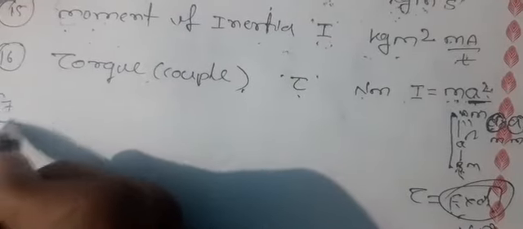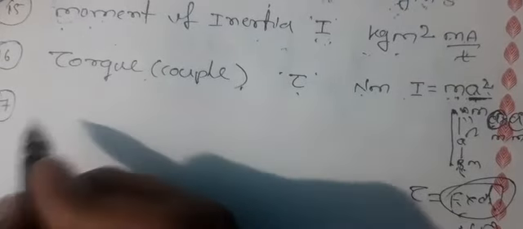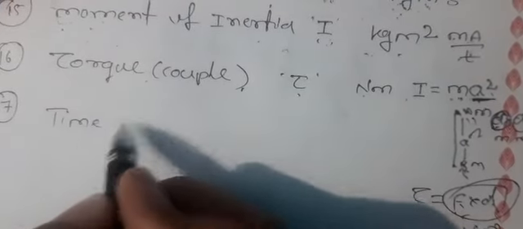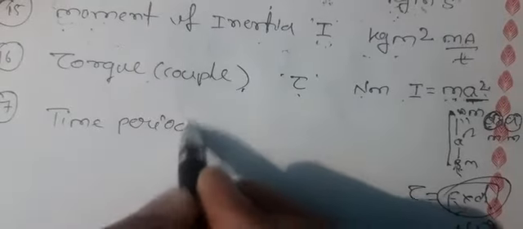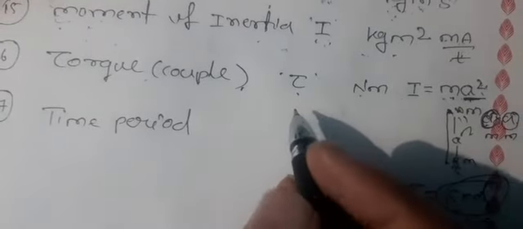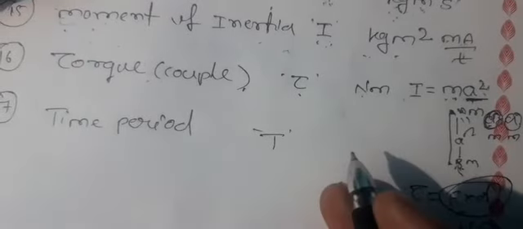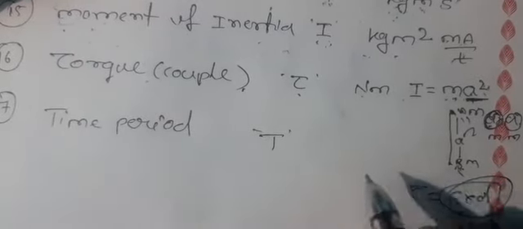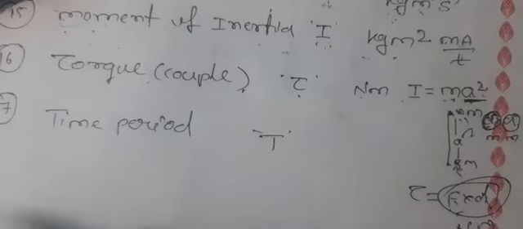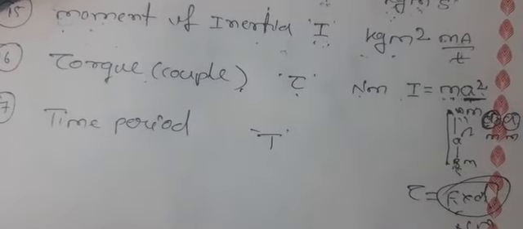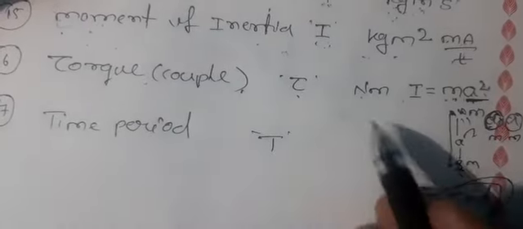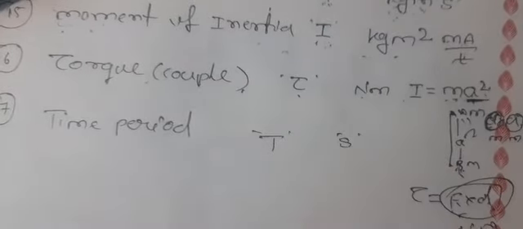Then the next one, the 17th one, is period or time period. The symbol is capital T, commonly used in daily life. It is measured in seconds, hours or minutes, but commonly in seconds.